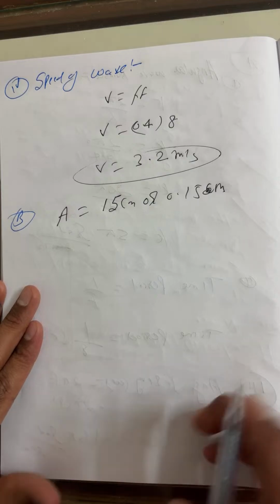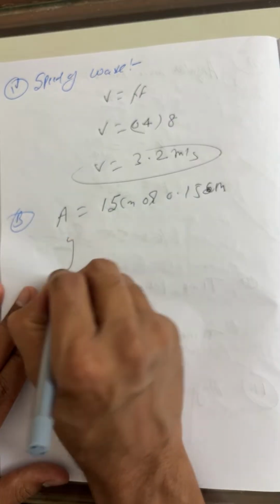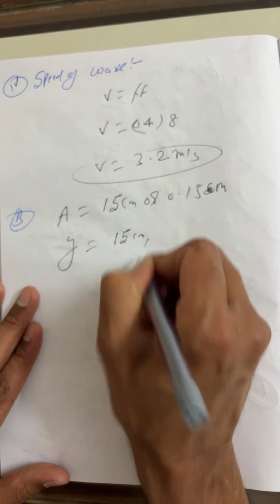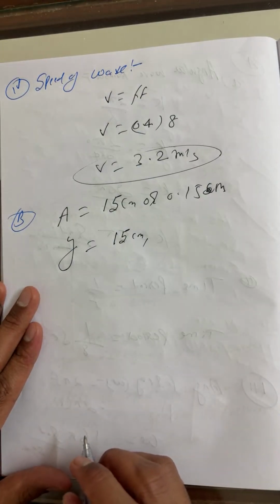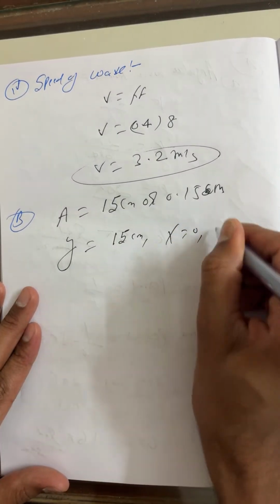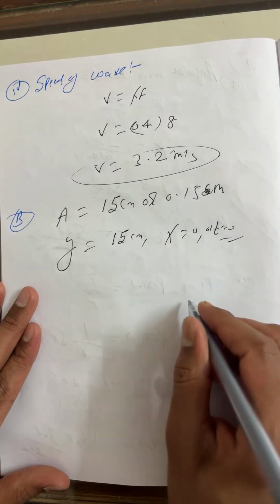What is mentioned here is the amplitude. In centimeter you can write 15 centimeter. Fine. What the question mentions is that if x is equal to 0 at time equal to 0.